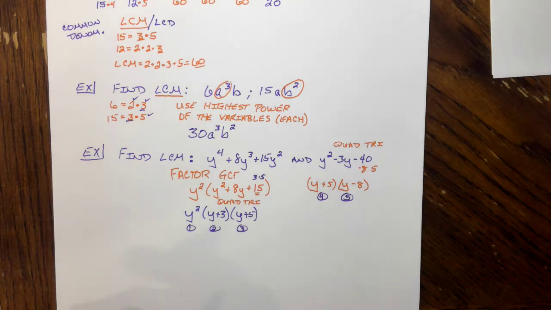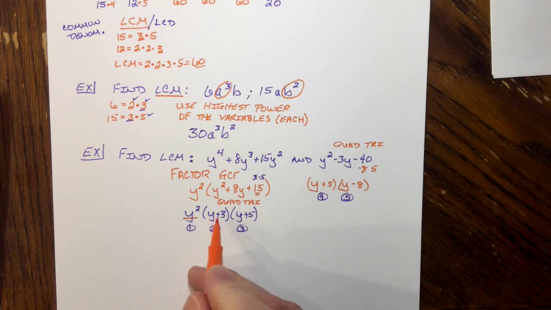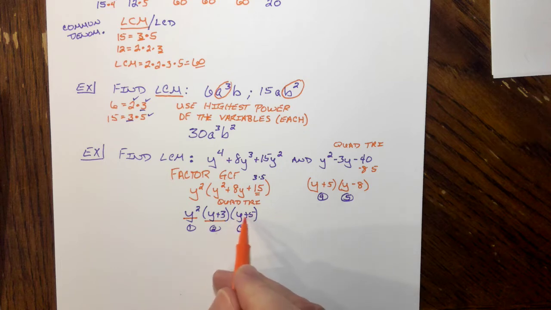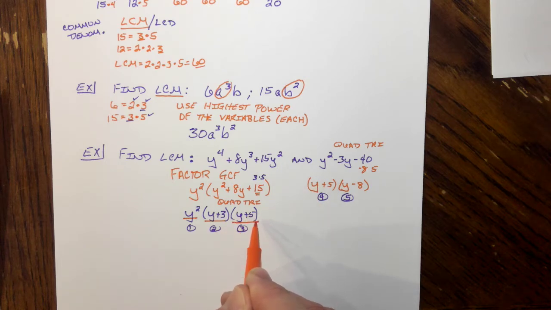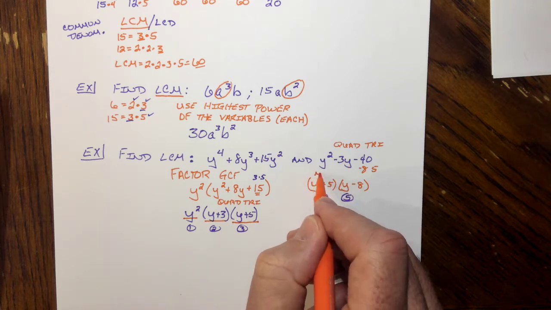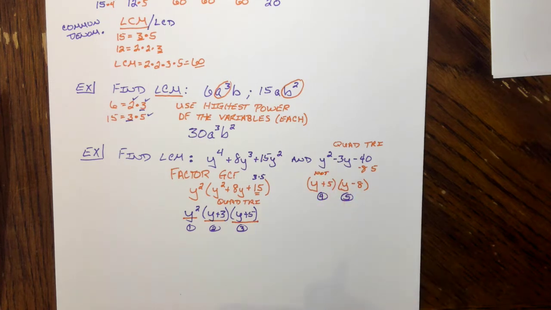So, I'm going to underline the factors that we're going to use. There. Y plus 3, no repeats, got to use it. Y plus 5, got a repeat. So we're using this one and not that one. Again, they're repeats.